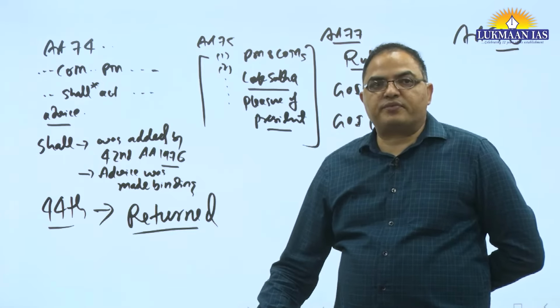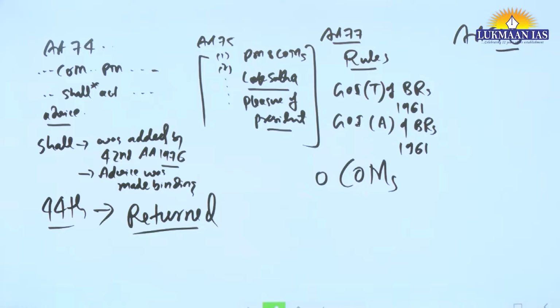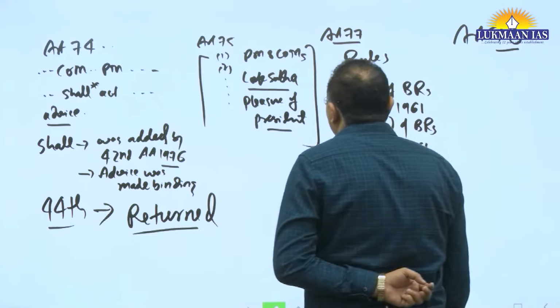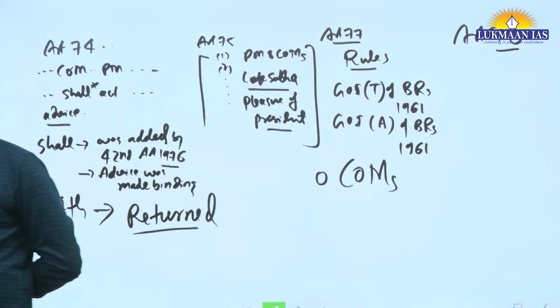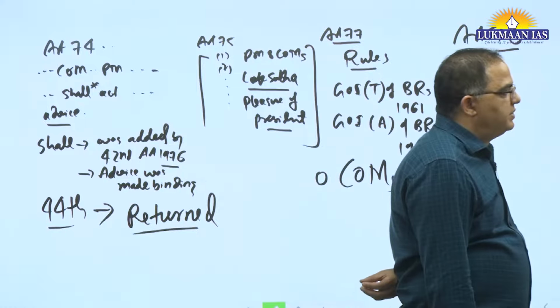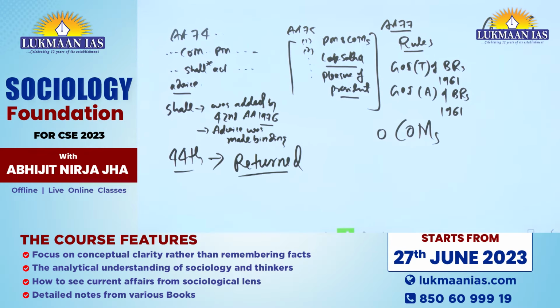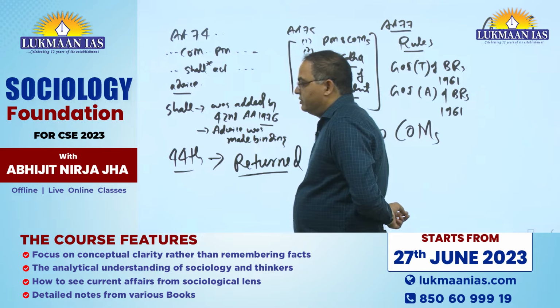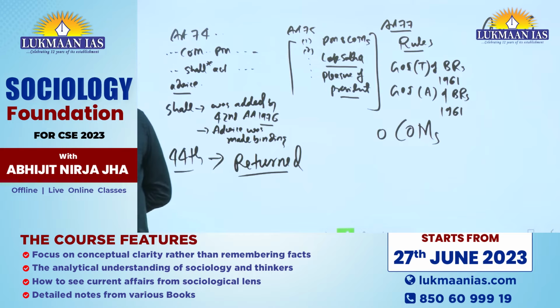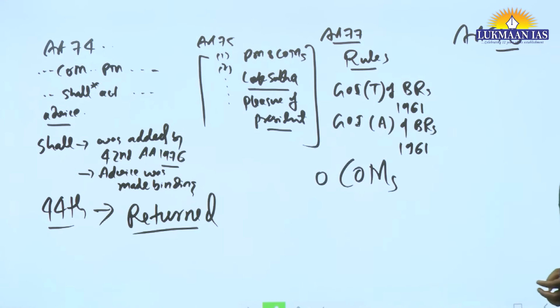Next, Article 75. The provisions show that the President decides the portfolio, appoints the Prime Minister and ministers, and also removes a minister, on the advice of the Prime Minister.